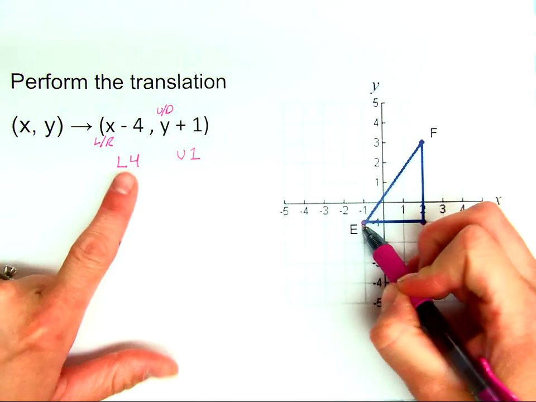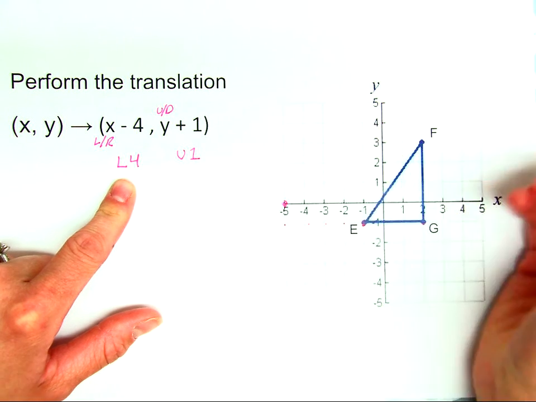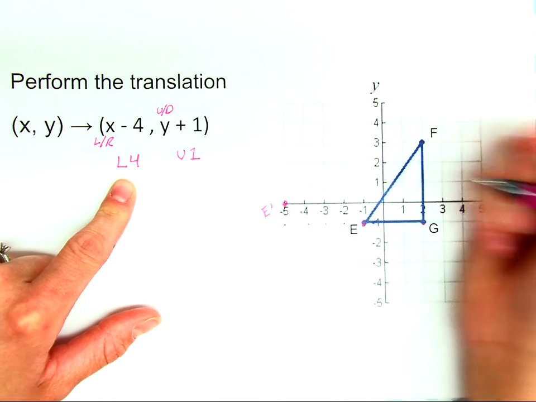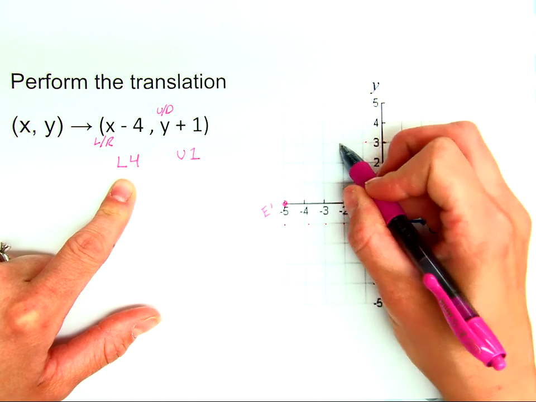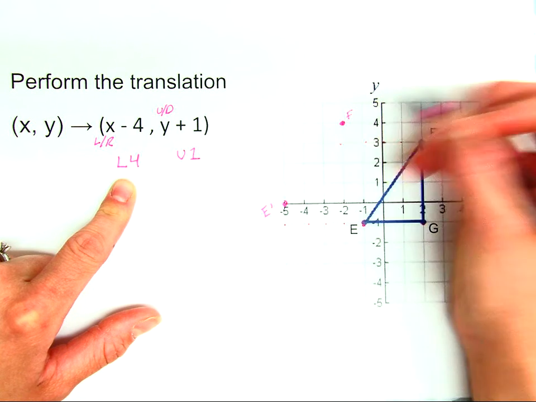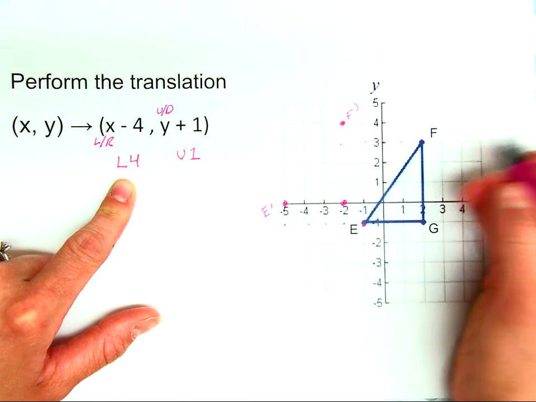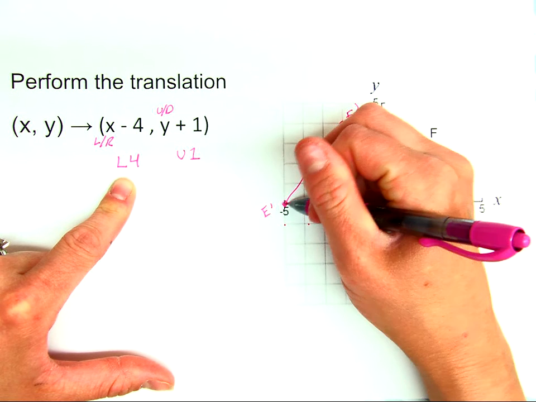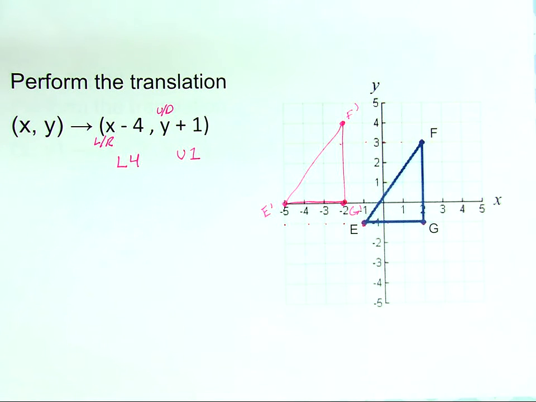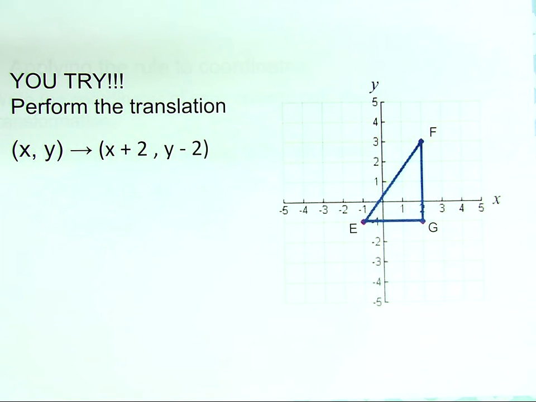So for each point, I'm going to go to the left 4, 1, 2, 3, 4, and up 1. So this becomes my E prime. Same thing for every point. 1, 2, 3, 4, up 1, F prime. 1, 2, 3, 4, up 1, G prime. Now we're just performing a translation using the rule notation. So pause the video and try this next one.